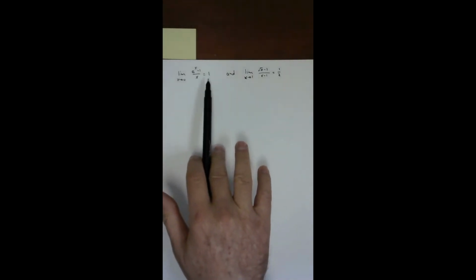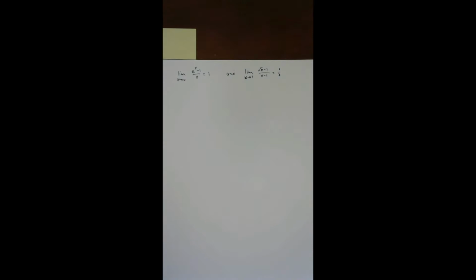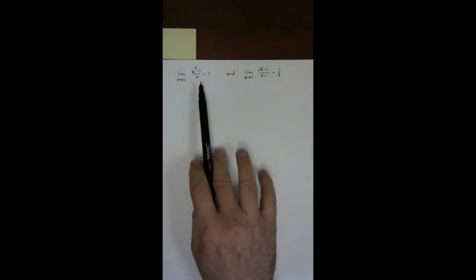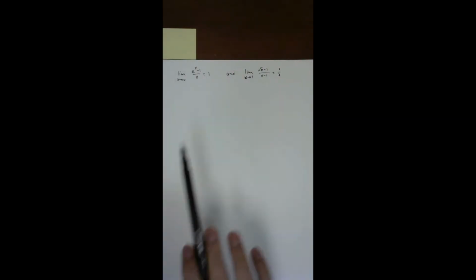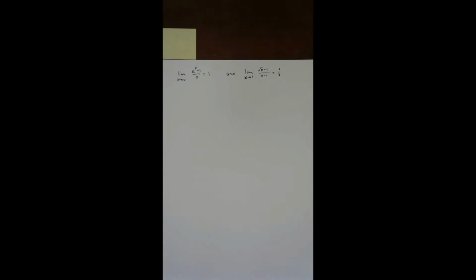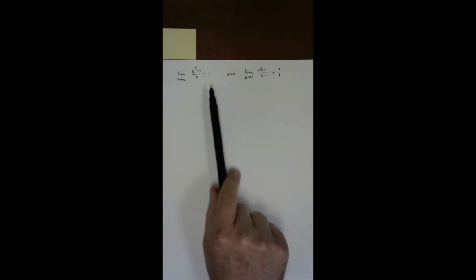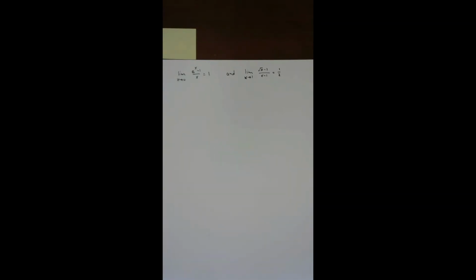We had intelligent guesses. We found a lot of data, and then we guess that this limit is 1 and this limit is 1/2. Well, we want to develop some rules for finding these limits without having to guess, or to show that this limit actually is 1 and this limit actually is 1/2.